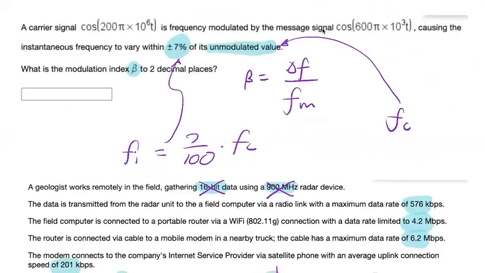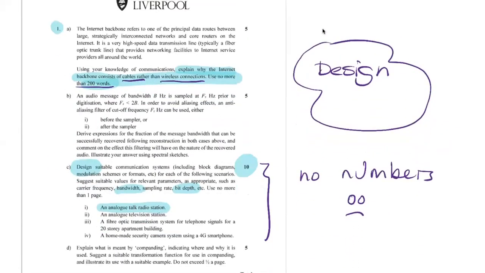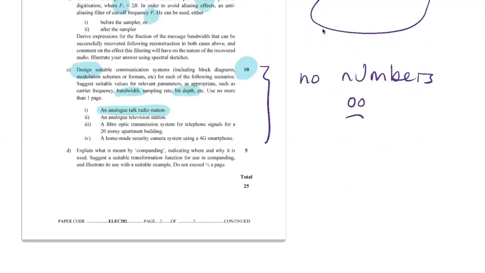I give you all the numbers, and you just have to put those numbers into a formula, okay? In this open book exam, there will be some numbers given to you, but sometimes what you're given is quantities. So you're given Fs, Fc, B, N, and you need to derive an expression. Sometimes there are no numbers at all. So you need to choose. That means you need to choose parameters.